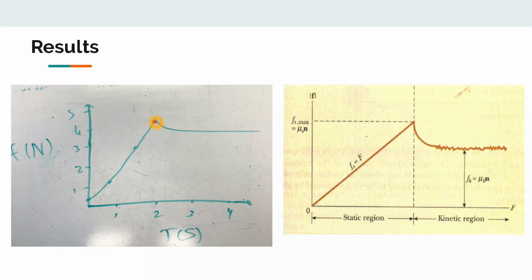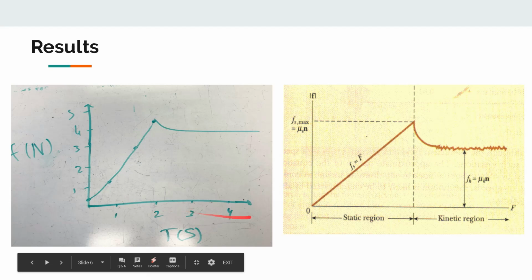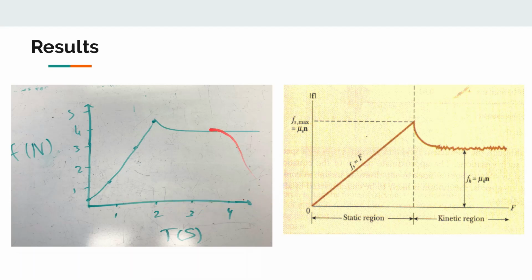When that jump happened, that means the object is moving. From 2 seconds onward, it's kinetic friction, right?